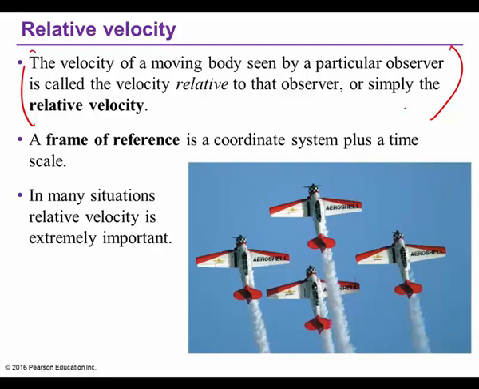Relative velocity is how it is seen by the observer. In other words, I'm standing by the 4-lane, and I'm watching cars pass me. Well, it all depends on where I'm at and where the car is relative to me at a given time interval.